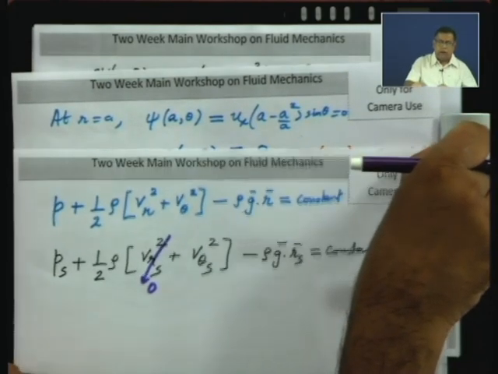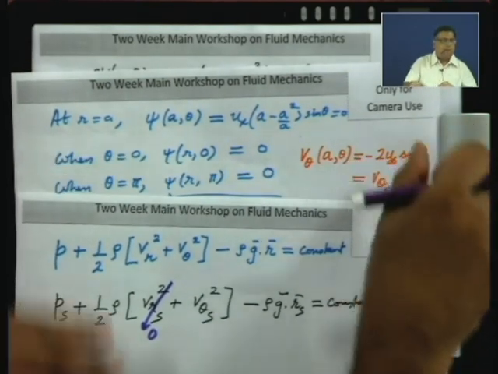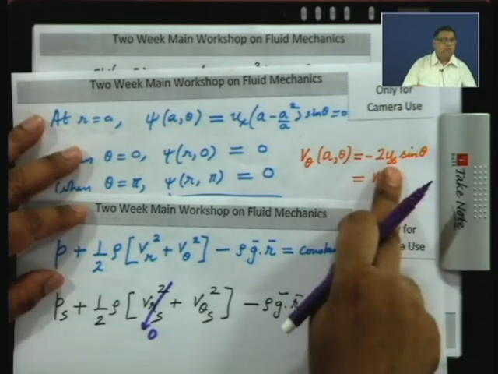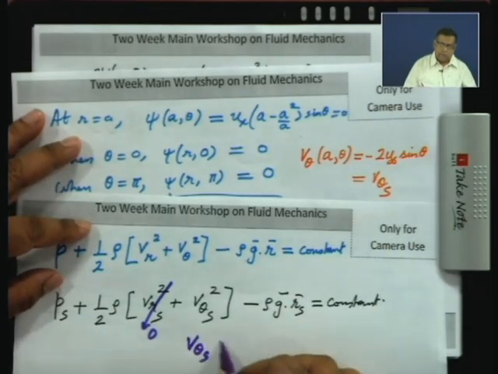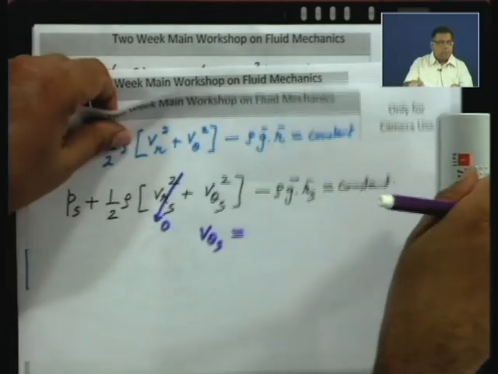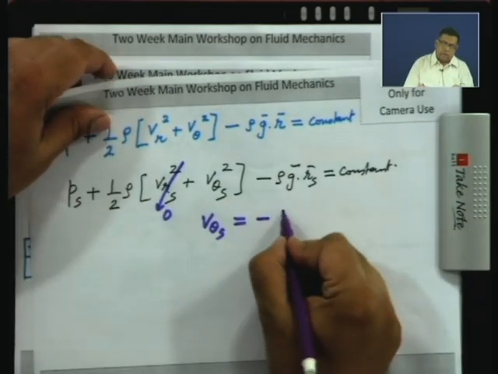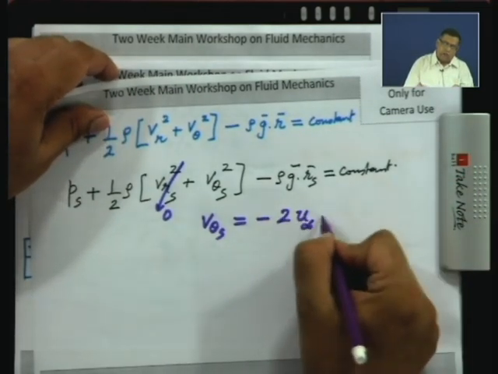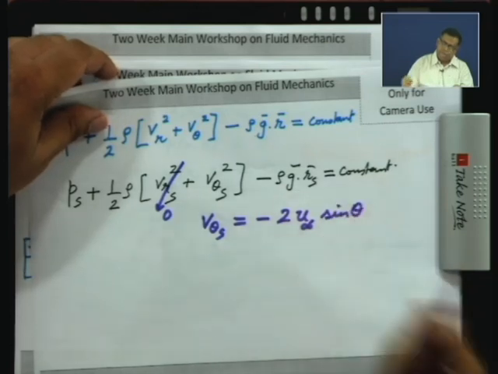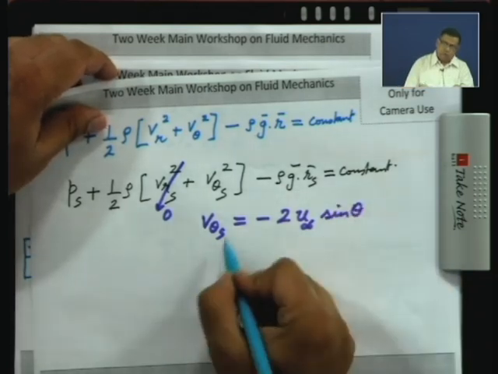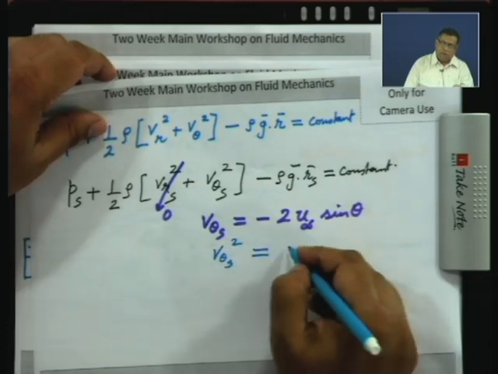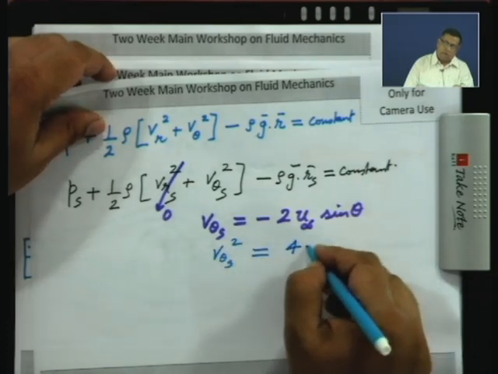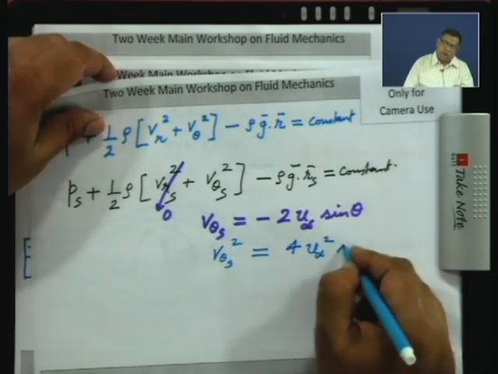We have shown that V theta s is minus 2 u infinity sin theta. So, let me write it here again, V theta s is minus 2 u infinity sin theta. So, V theta s squared will be 4 u infinity squared sin square theta.